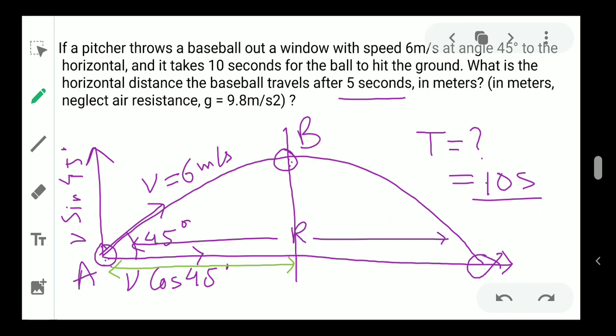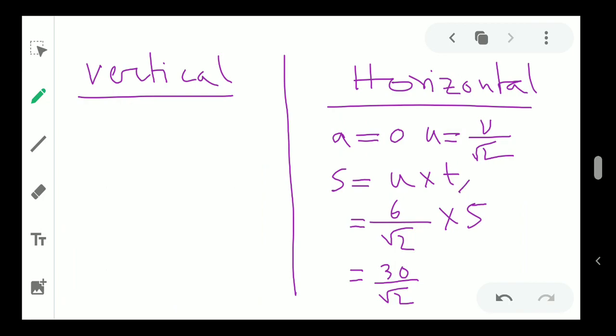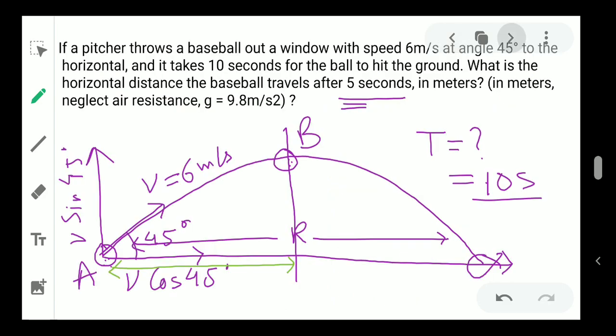But we will obviously try what would happen if I had given you 4 seconds. Same thing, you can just put the value of t here, and you can easily find out how much it will go horizontally in that much time.